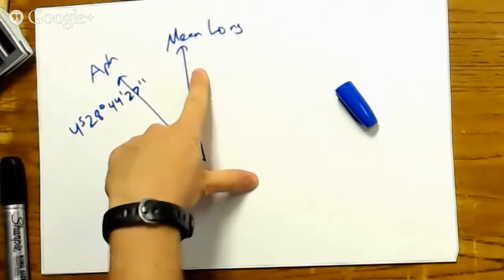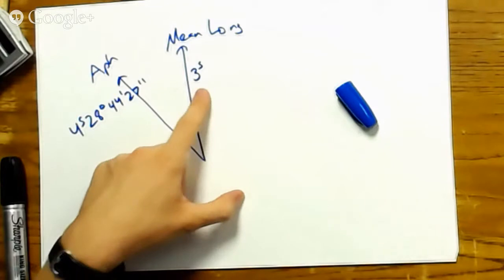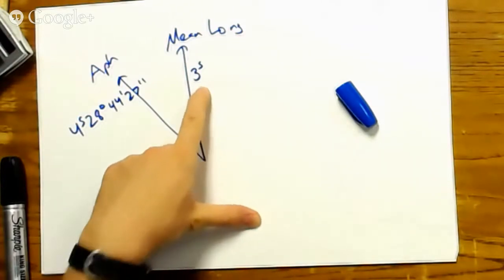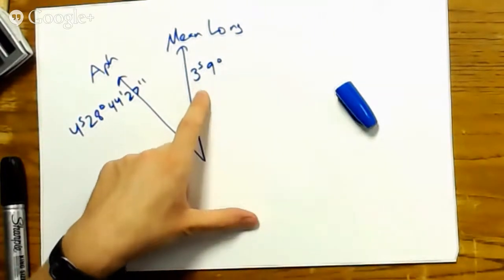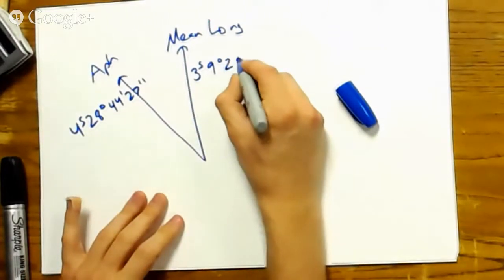And the mean longitude is 3 signs, 9 degrees, 28 minutes, 50 seconds.